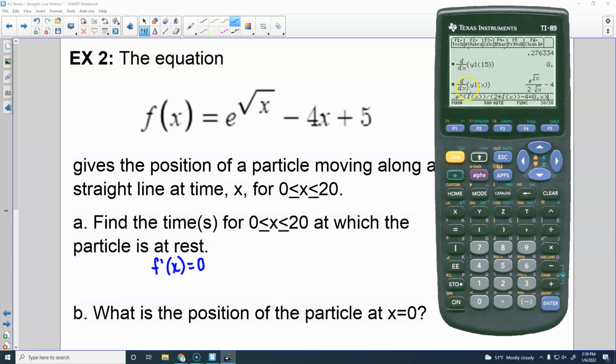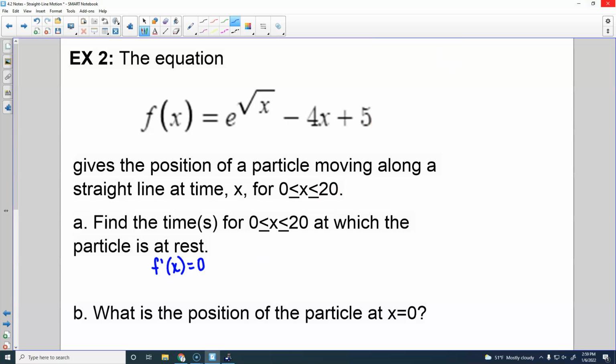So we do solve, go up there and copy this and put it down here, equals 0, and then comma x. It's telling us more solutions may exist. And we are getting x, oh, gracious me.